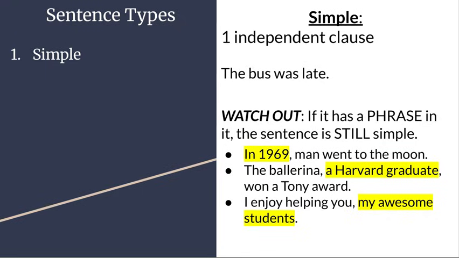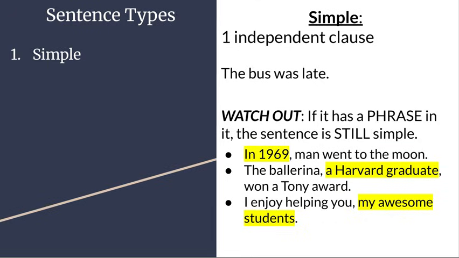It's still simple. The ballerina, a Harvard graduate, won a Tony Award. That's what we are calling an appositive phrase. An appositive phrase basically renames the noun that precedes it in the sentence. So the ballerina won a Tony Award is our complete sentence, our independent clause, and it's separated by an appositive phrase. And that works. It doesn't change the type of sentence we have.